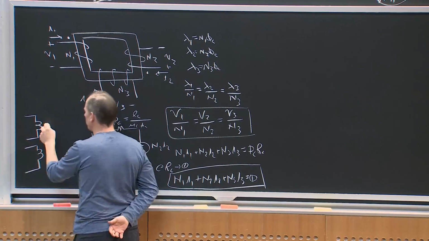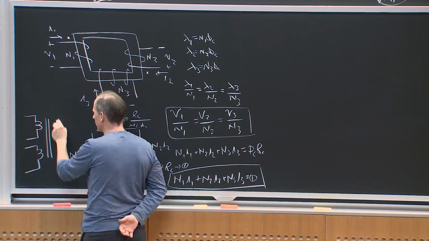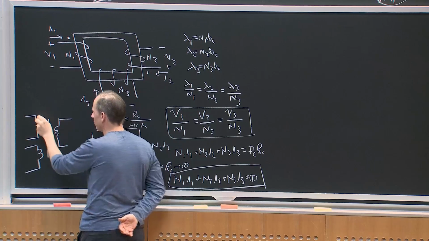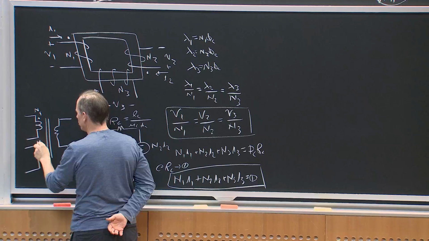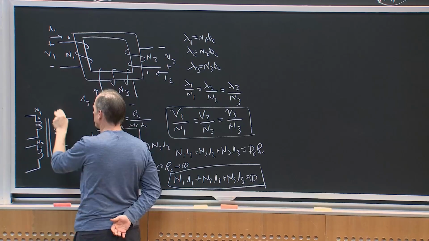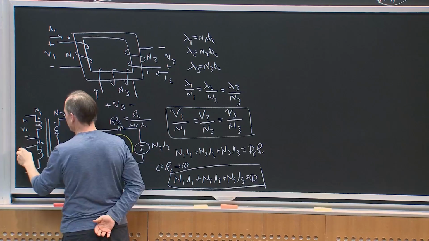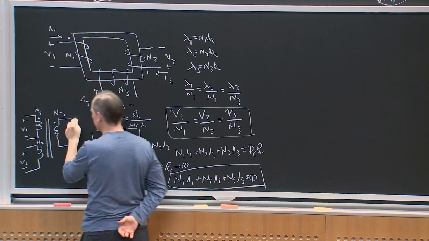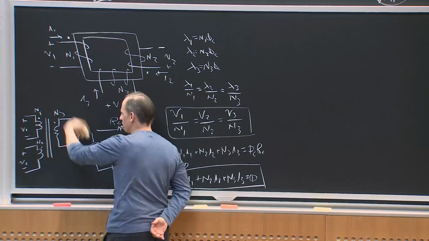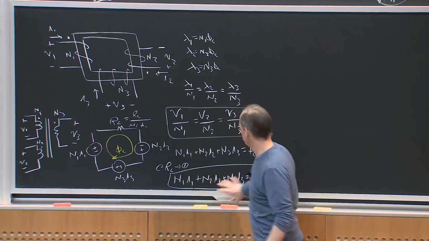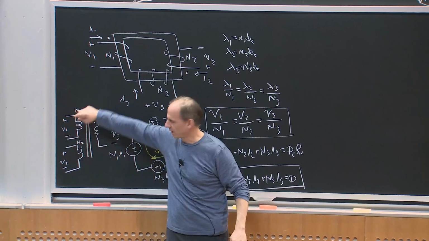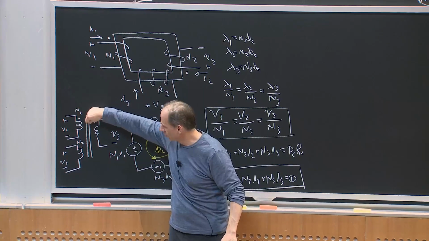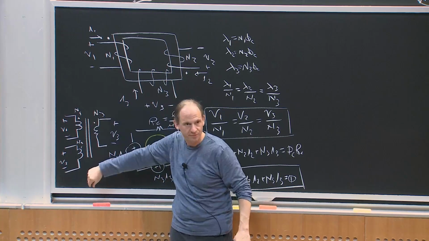I'll have multiple windings all illustrated on the same core. So if you see this symbol, and this is N1, N2, N3 with V1, V2, V3, this is the ideal relations for this structure, where all the windings are illustrated on this single core path.